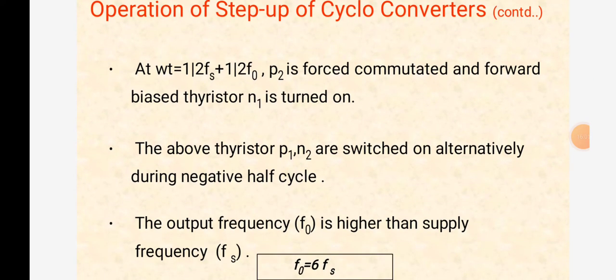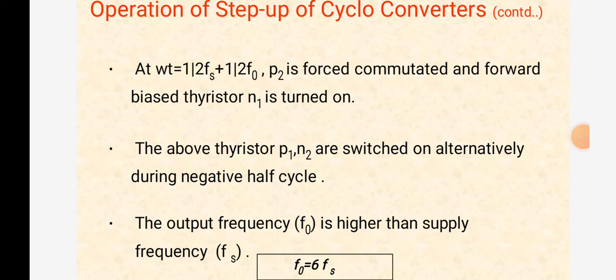Here at omega t that is equal to 1 by 2 fs plus 1 by 2 f naught, where fs means supply frequency, f naught means output frequency, P2 is forced commutated and forward biased thyristor N1 is turned on.